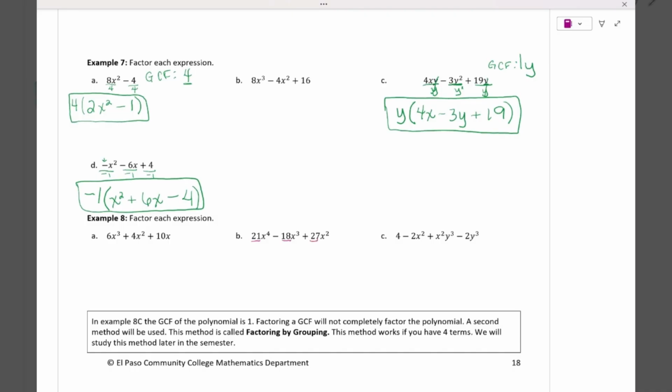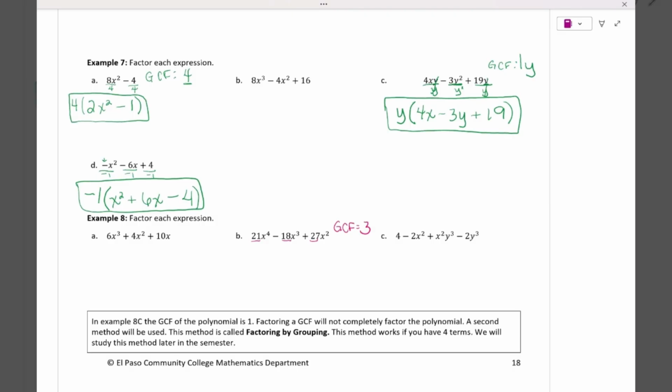I know that all of these have a 3 that I can divide them all by. So again, remember your methods from before. You can also maybe use the factor tree to help you get the factors if you're not as familiar with your multiplication facts. So keep that in mind. But looking at these numbers, I know that I can divide them all by a 3. So I have a 3 in common for all those coefficients.